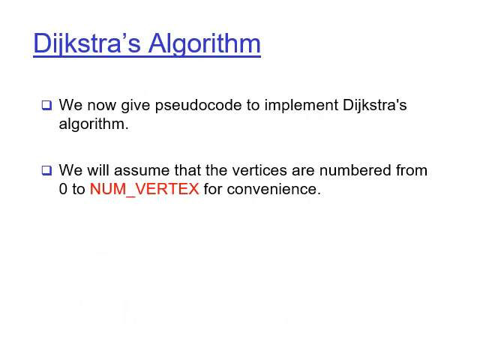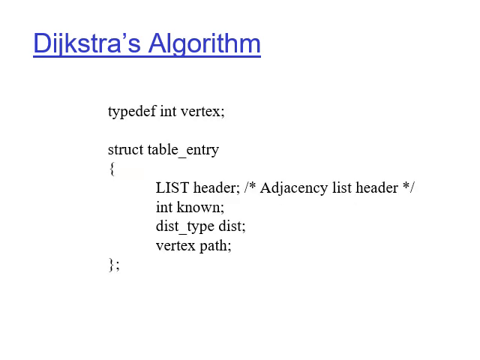So now let's look at the pseudocode to implement Dijkstra's algorithm. So what we will do is we will assume that the vertices are numbered from 0 to num_vertex for convenience. So they are numbered randomly, right? Let's move on.